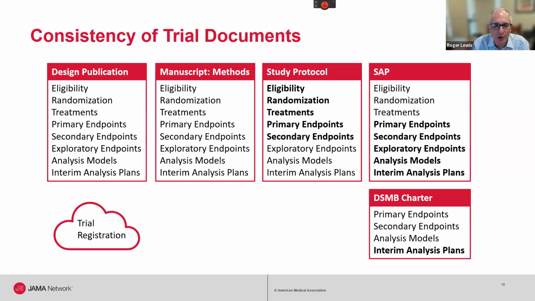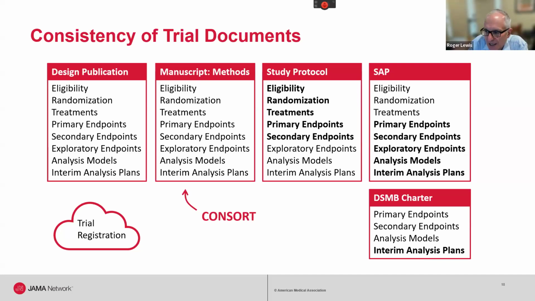So it's really important if you have a major protocol change and you change the definition of an endpoint or the ordering of endpoints, you go back and you fix your trial registration so that it has an audit trail as well that matches the evolution of the rest of your documents.